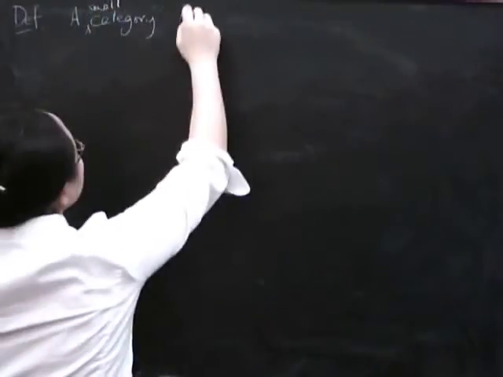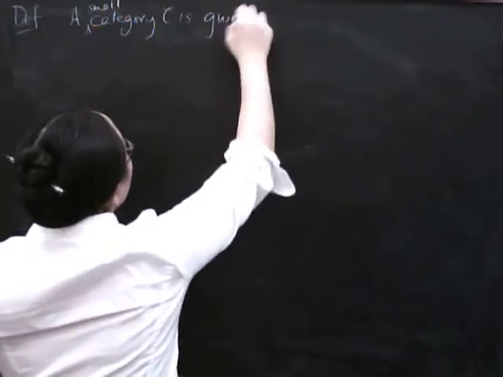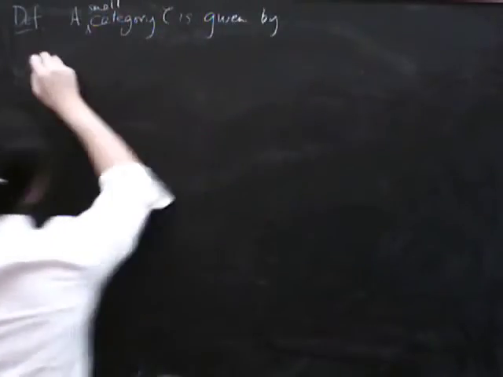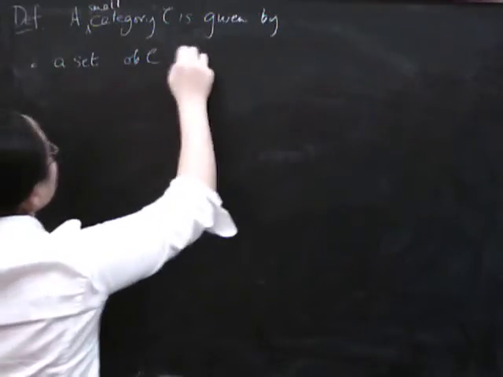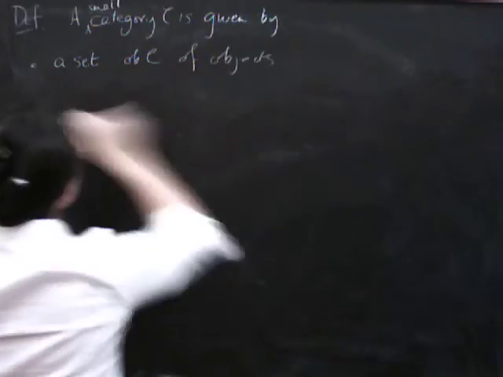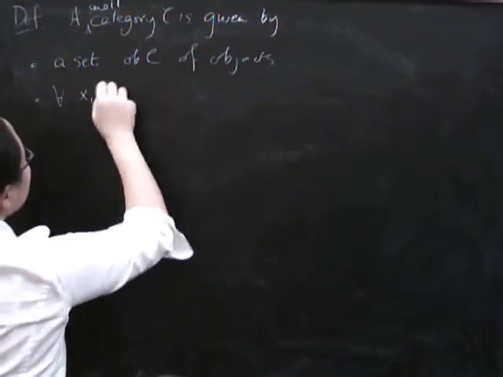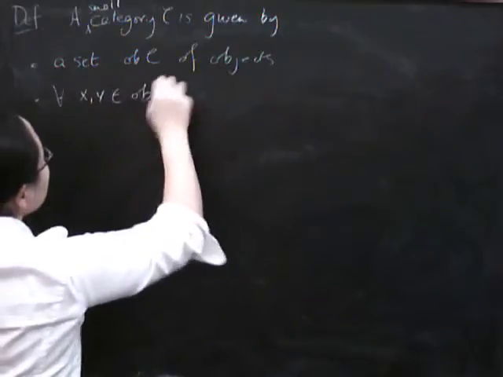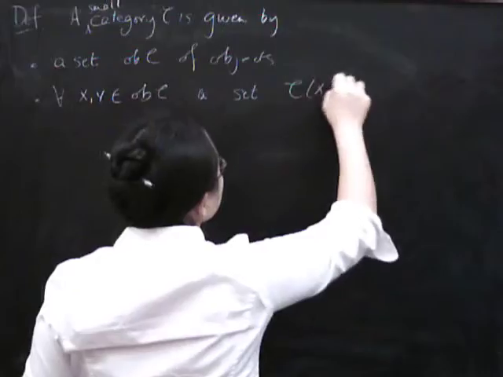A small category C is given by a set of objects, and for all pairs of objects, let's say x and y, a set of morphisms.